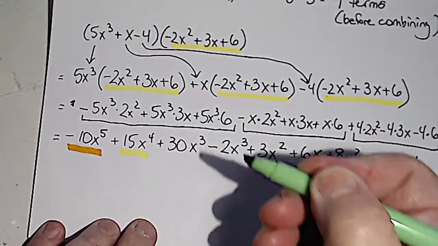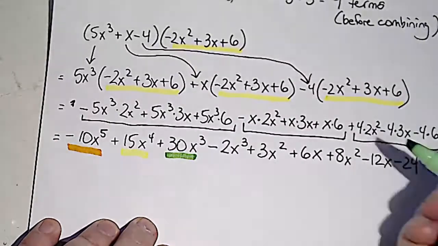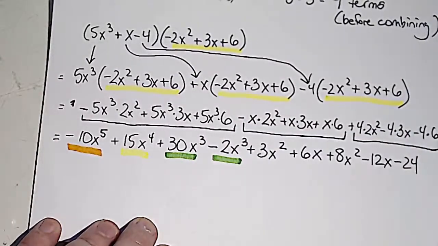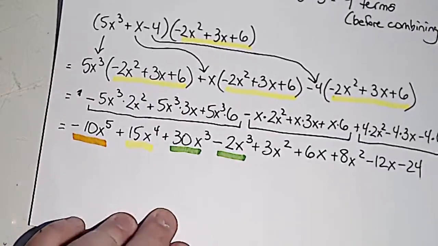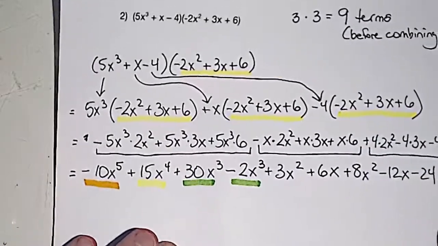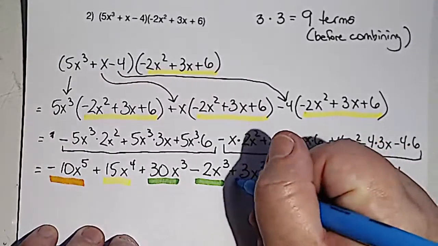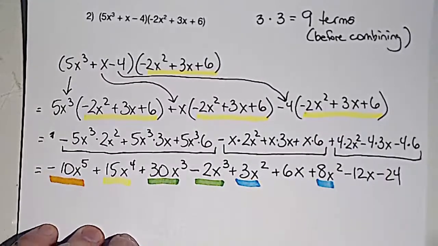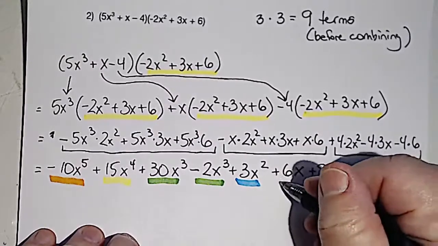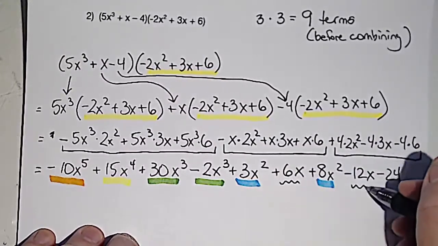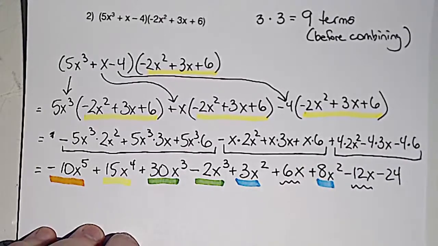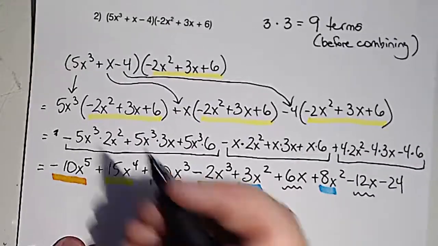Green is my x cubed. There's an x cubed. There's an x cubed. Anybody else? Nope. Okay. X to the 4th. Sorry, I got a little sideways. Colors get me all excited. X squared will be blue. Okay. I'm out of color, so I'll just use wiggly lines to be my x's.